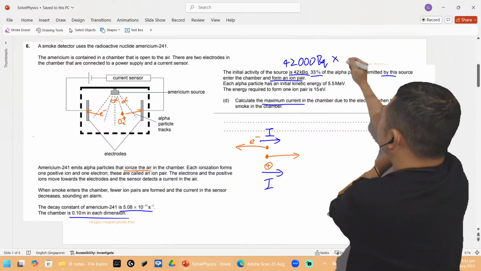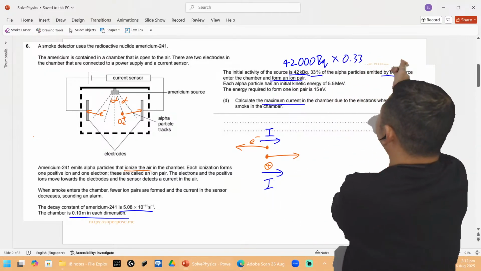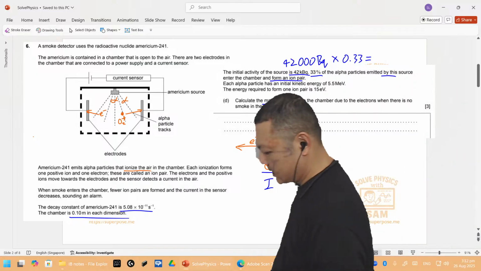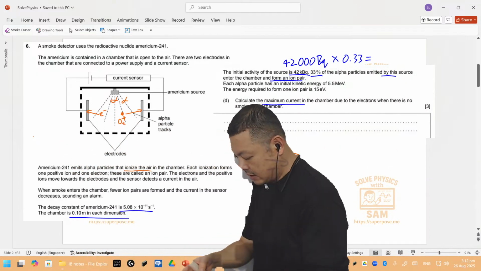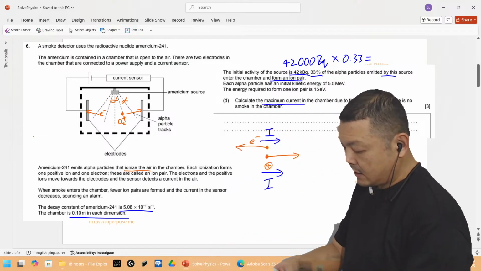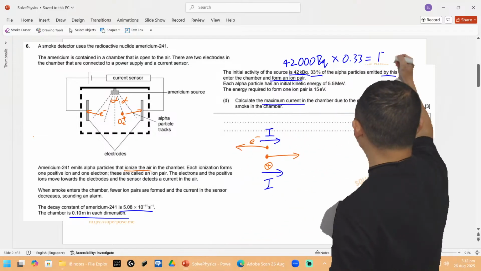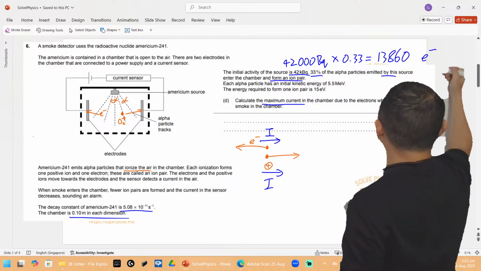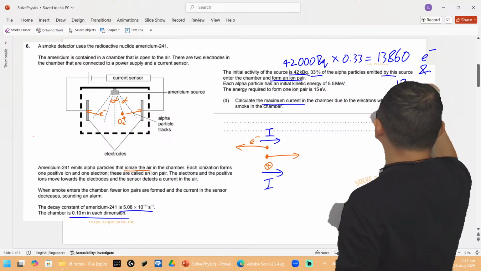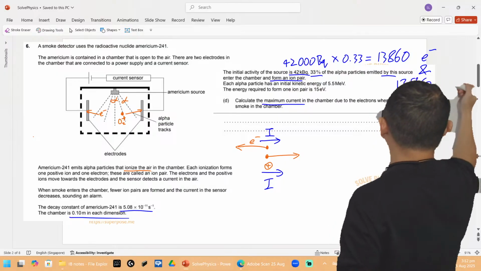So times 0.33. Let's work it out. 42,000 times 0.33, I get 13860 electrons, and 13860 ionized air molecules.